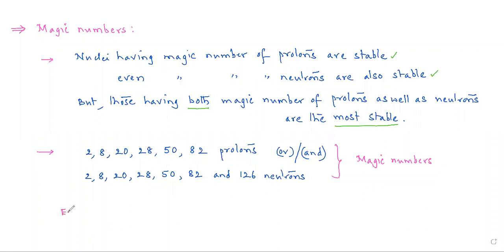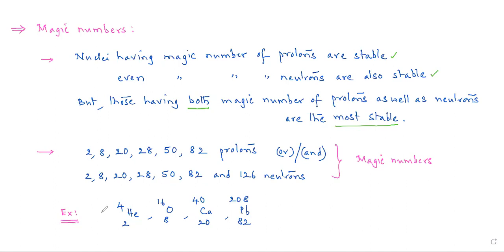Let me just give you some examples. Helium-4, magic number of protons, magic number of neutrons. Oxygen-16, again both in magic number. Calcium-40, both in magic number.